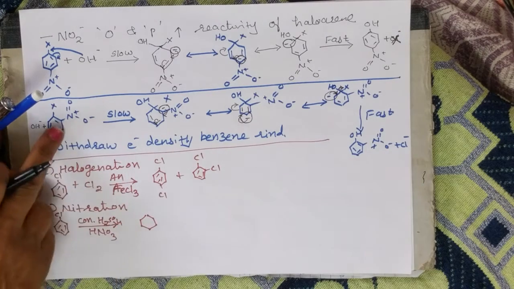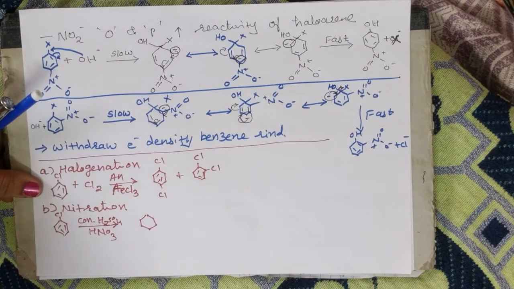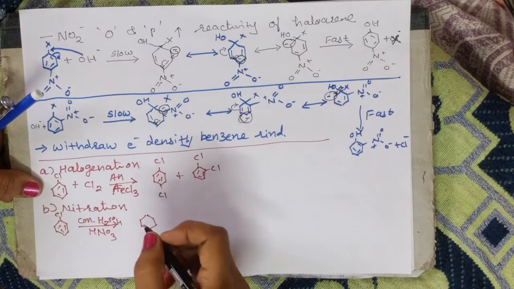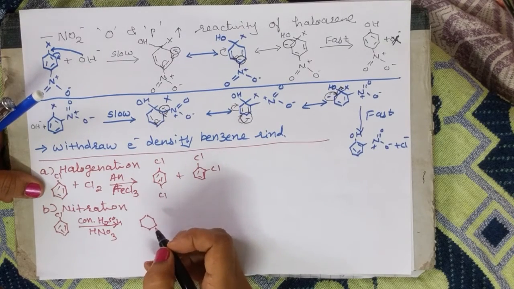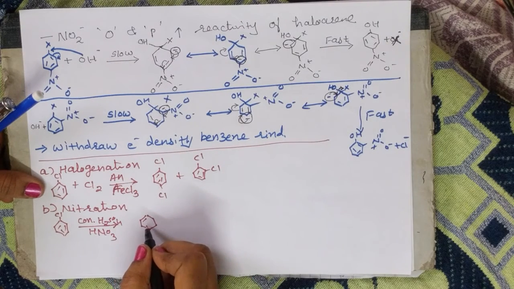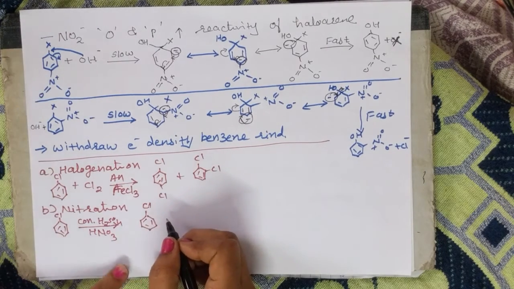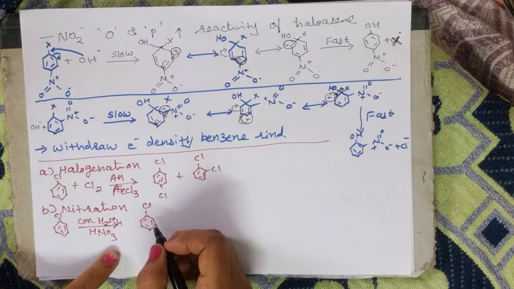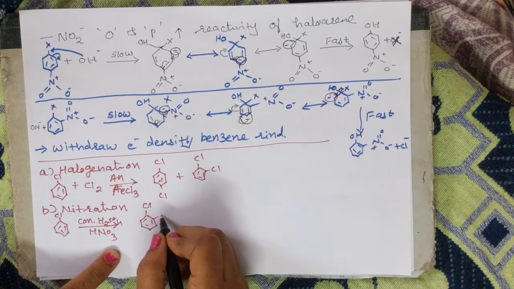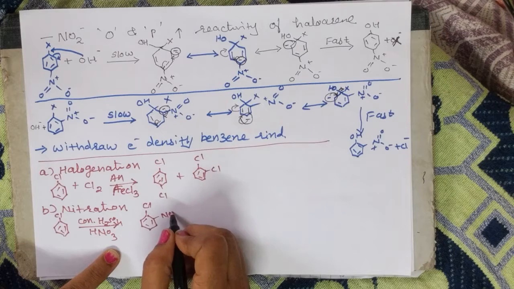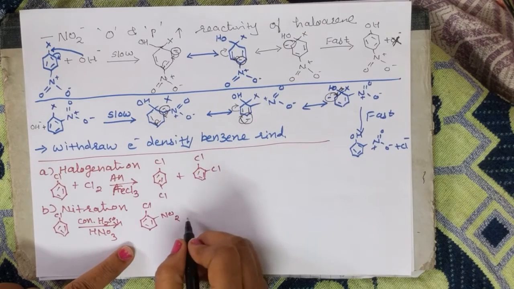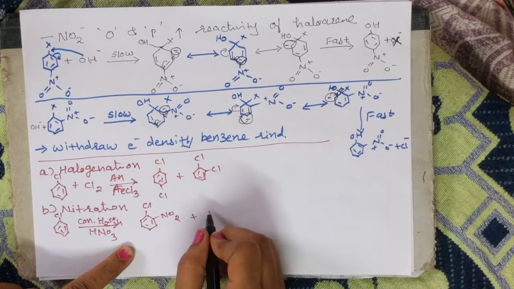So as we have studied the ortho and para positions, here you will get the para product as the major product, and there is no change in your main group. Whatever group you are adding will be added only at the ortho and para positions.